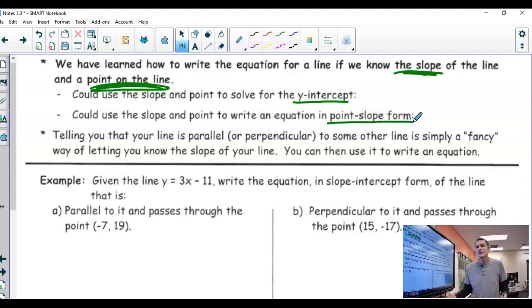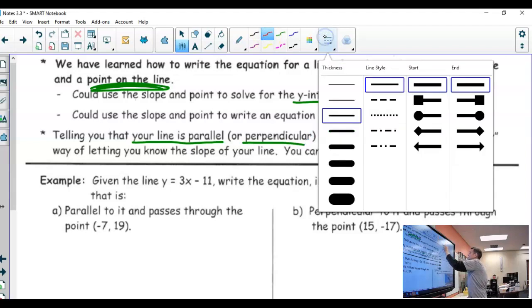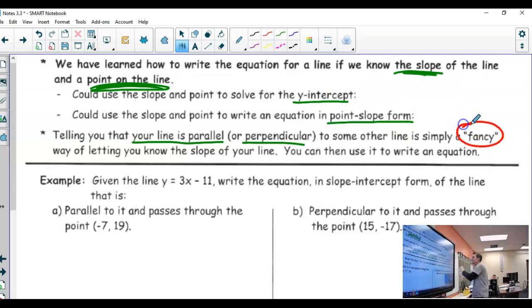So the only thing new we're adding here is we are now telling you that your line is parallel or perpendicular to some other line. And that is just, I like to say this, a fancy way of letting you know the slope of your line.